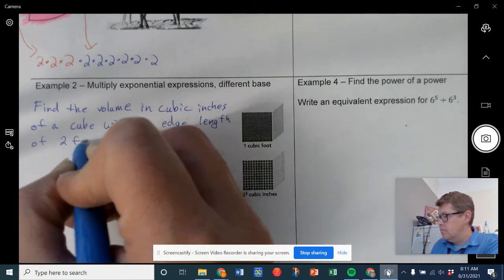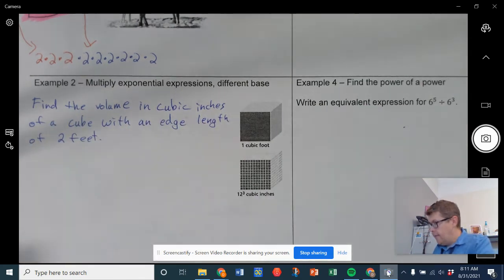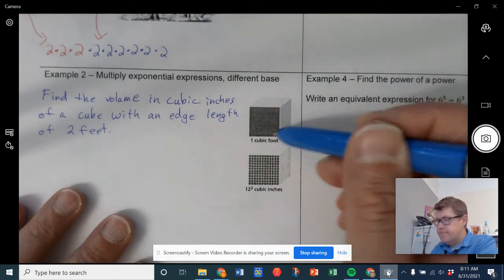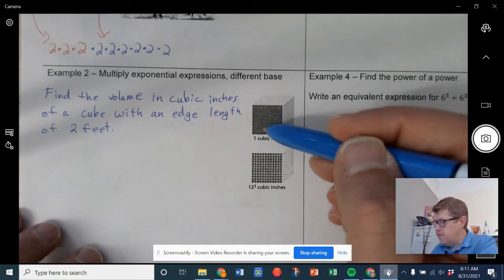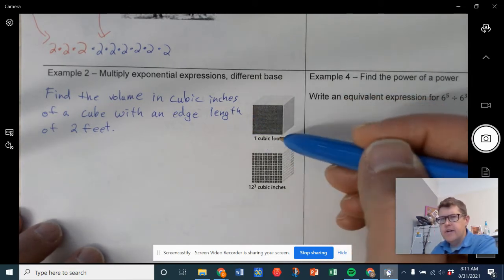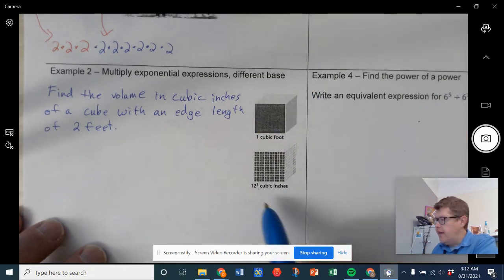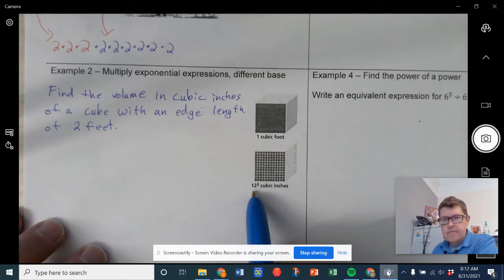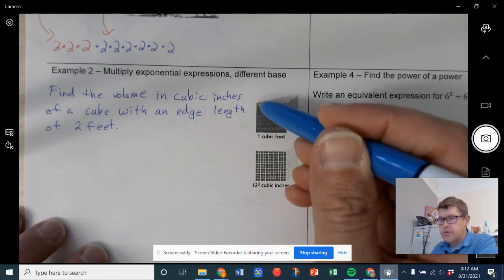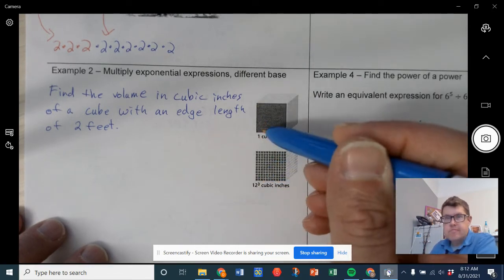There we go. Okay. And so we have this as a little guide as to how to start this, right? So if it's 1 cubic foot, in dimensions, then that means it's 12 cubic inches, right? So 1 cubic foot, because there's 12 inches in a foot, so it's 12 cubed right there.